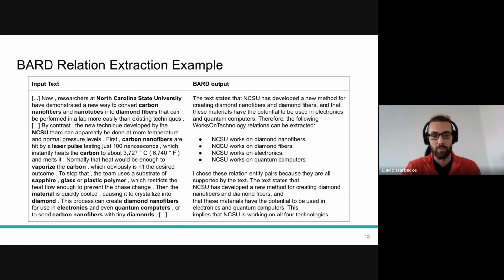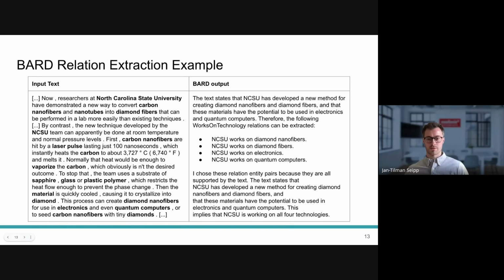We take this input text, give it a prompt, and then we get an output where the model tries to explain and show which technologies are relevant for the organization. That's just a quick look into the future of what we want to do. And now Jan will get into the details of how we do prompting.